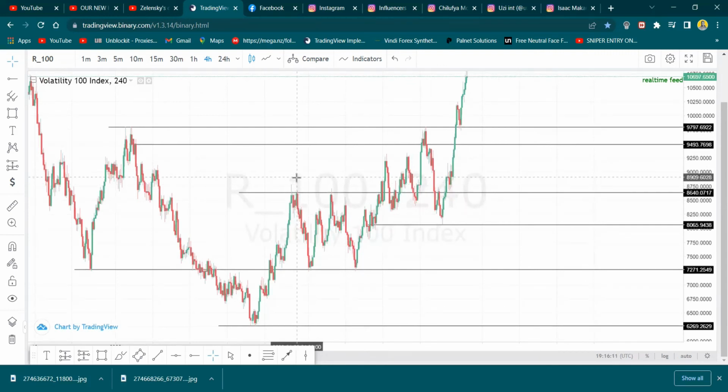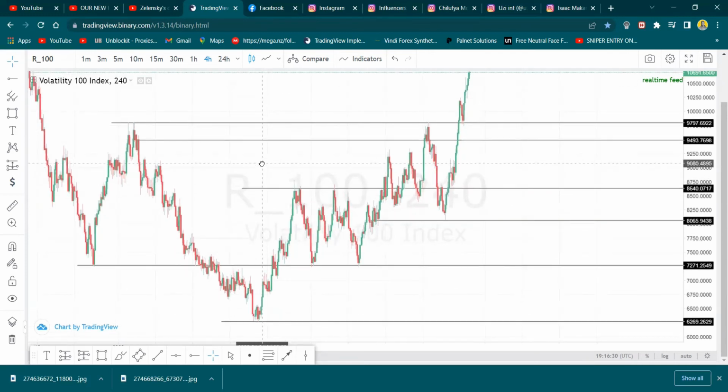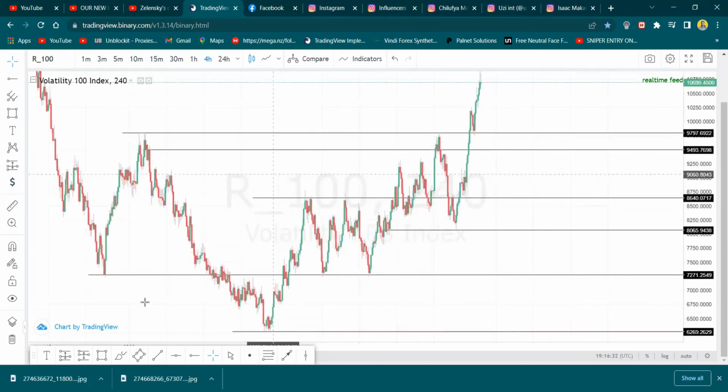So for trends, identify lower lows and lower highs. If you understand that whole concept of higher highs, higher lows, lower highs, it's going to help you identify whether it's going up or down.